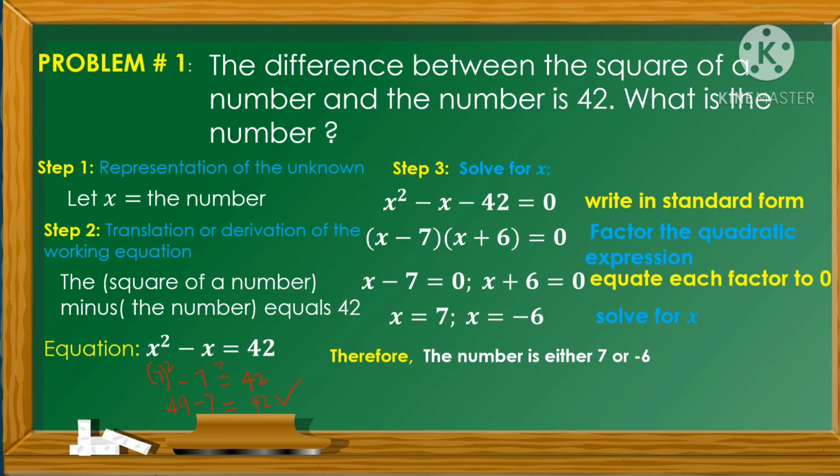How about if x is negative 6? Square of negative 6 minus negative 6, let us find out kung magiging equal siya sa 42. Square of negative 6 is positive 36. Then negative times negative 6 is positive 6. 36 plus 6 is 42. So, ibig sabihin, nasatisfy yung equation. So, ang sagot natin, it's either 7 or negative 6.